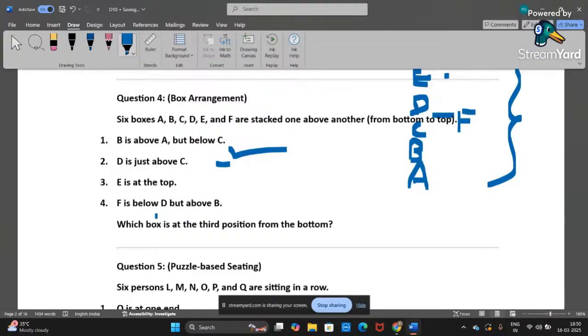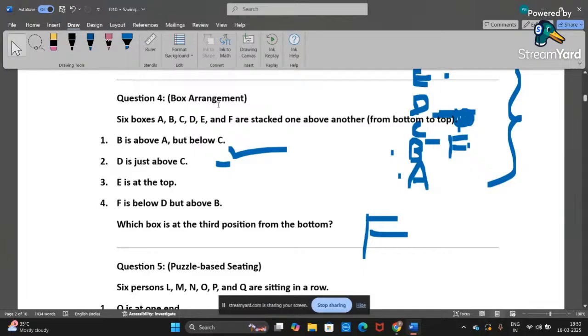F is below D, but above B. It comes here because D is just above, so F will be here, right? F below D, but above B. So which box is at the third position from the bottom? 1, 2, 3. So the answer is F.